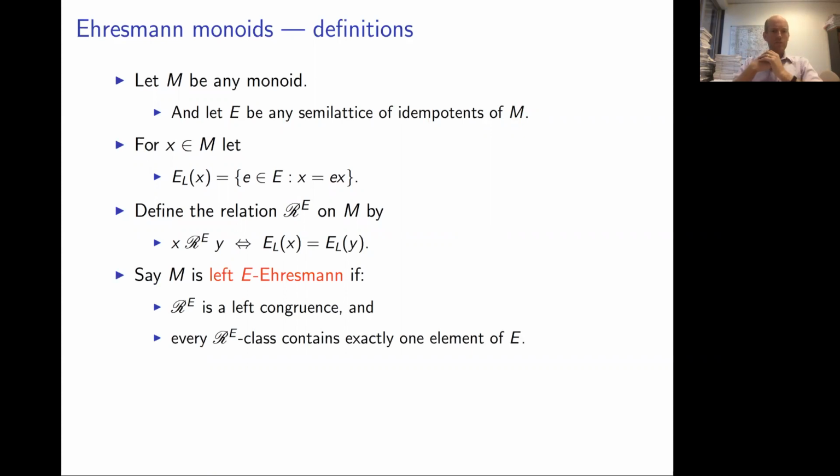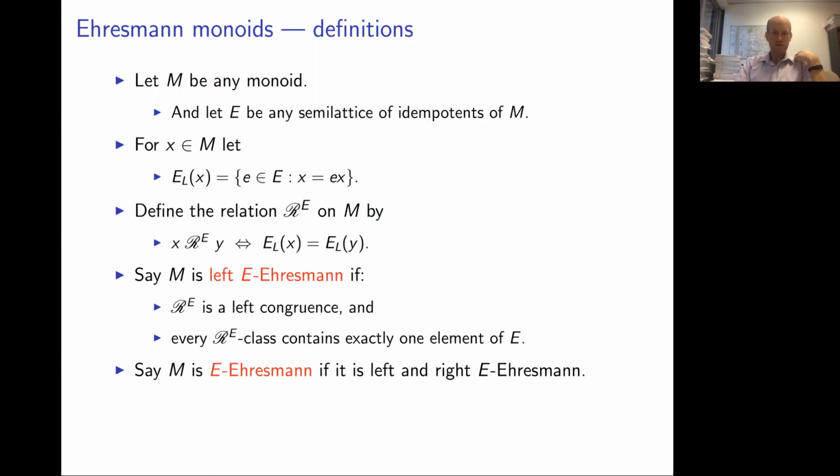And then we say M is left E-Ehresmann if this is a left congruence and every element is related to exactly one element of E. There's a right Ehresmann definition that's just symmetrical, and we drop the left or right if it happens to be both of these things. So just keep in mind there's a semilattice floating around and some nice relations.